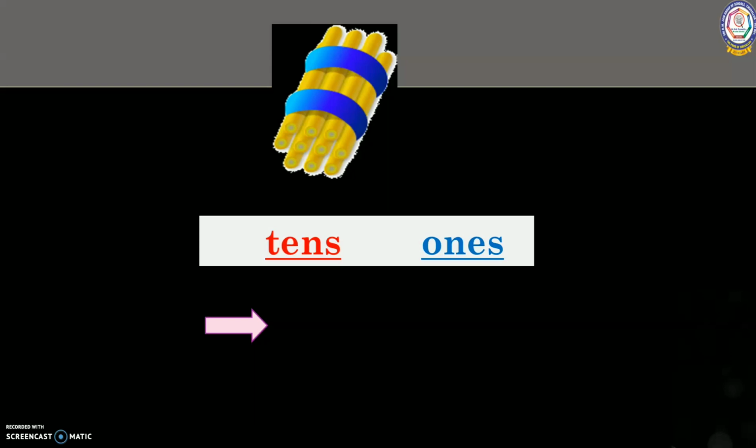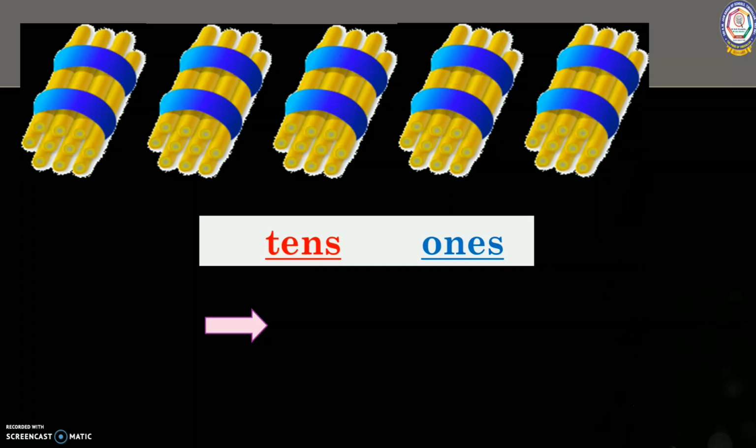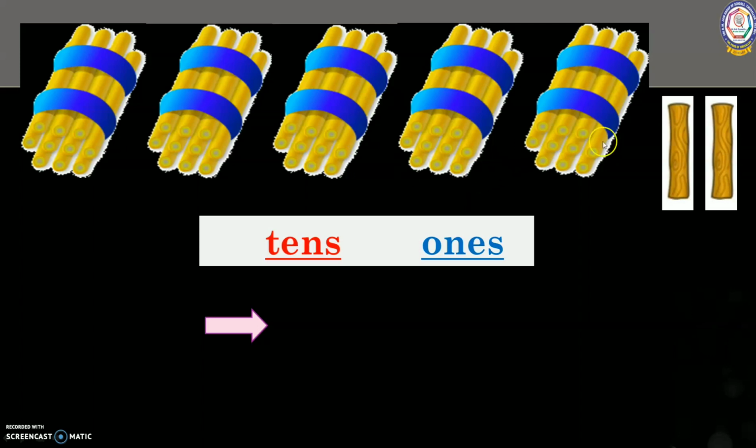So, we consider this bundle for tens. Now, I am going to add some more stick bundles. And also I am going to add some separate sticks. See, these are separate sticks. We count the sticks for ones.